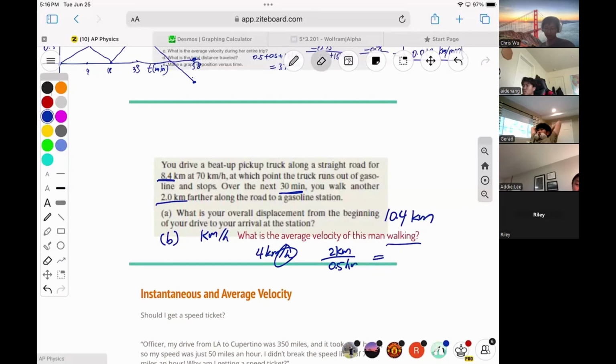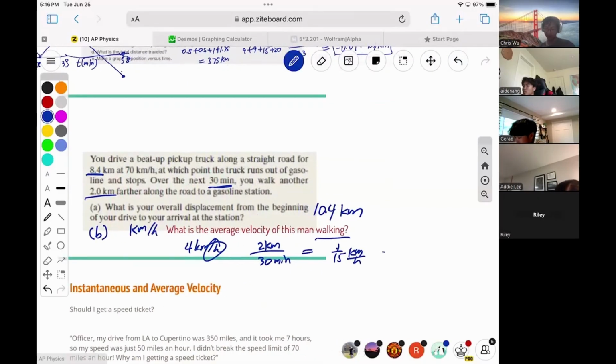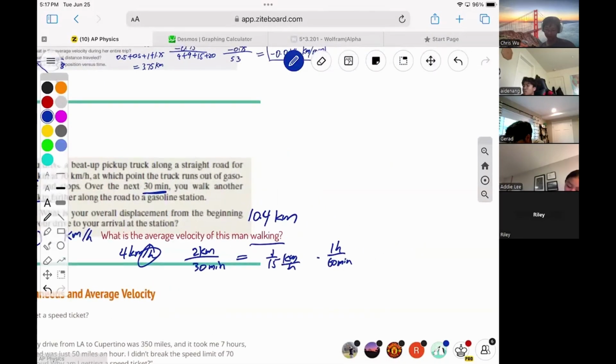Yep. If you didn't do that, if you want to do 30 minutes, then you will get, let's say, 2 over 30. So 1 over 15, I guess. 1 over 15 kilometers per minute. Then you will need to convert this, I want to cancel the minutes.